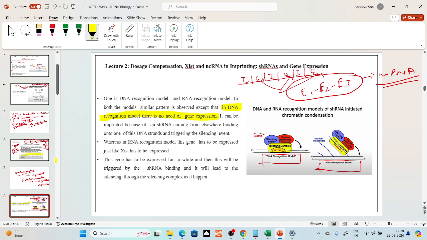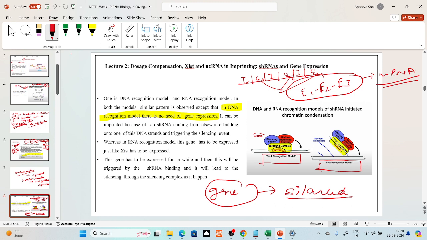That means whatever gene is going to be silenced to maintain the genetic imprinting, it first needs to be expressed for a little while and then only it can be silenced.